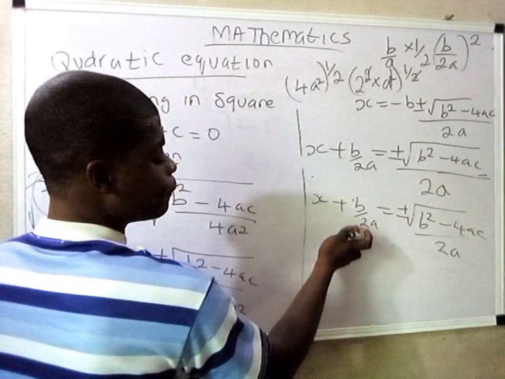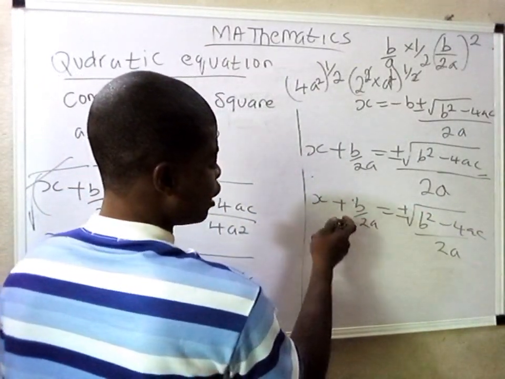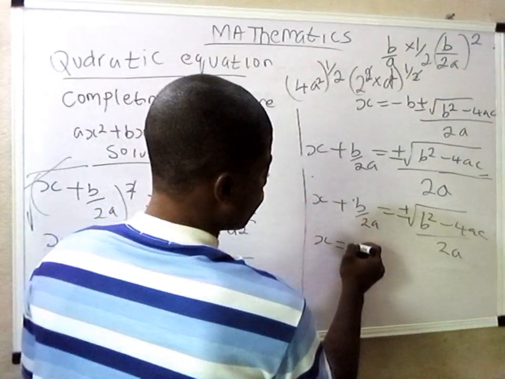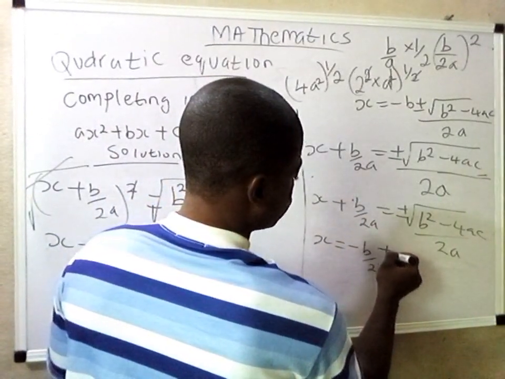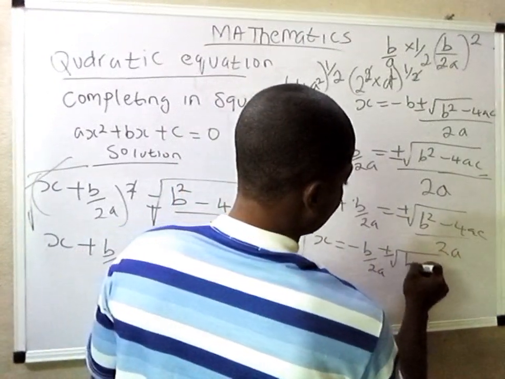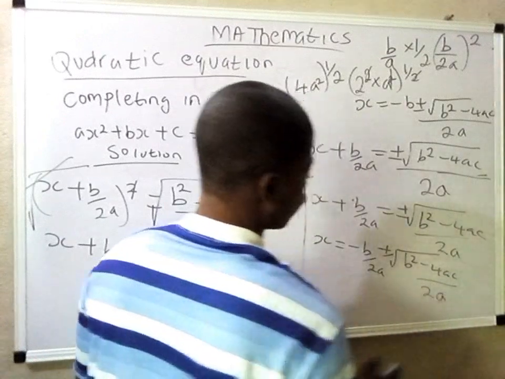Then we take this b over 2a to the other side, making x equal to minus b over 2a plus or minus the square root of b squared minus 4ac over 2a.